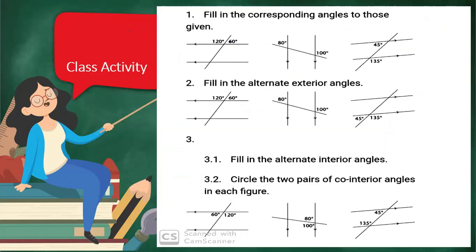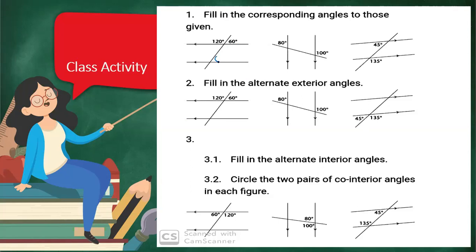So here we'll only make two pairs, but you know that parallel lines cut by a transversal form 8 angles, and corresponding angle pairs will be what? 4 pairs, correct, yes. So we have one exterior and one interior.